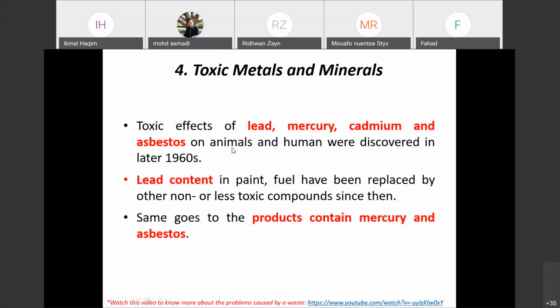For petrol and diesel, if you remember, last time we used fuel that consisted of lead. Now most petrol is lead-free. What else? Mercury. Mercury is extremely toxic.